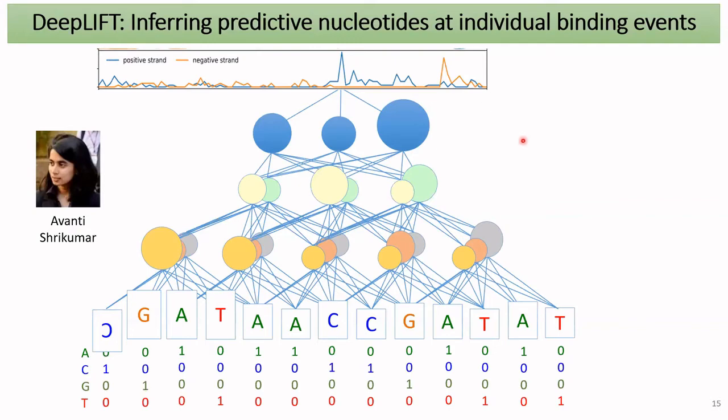And you'll see this in the next talk from Alex from my lab about the relative stability of these kinds of profile models versus classic binary models for interpretation. So yeah, DeepLIFT was published in 2017. I think it's still quite competitive as an attribution scoring method, and the code is available and you should feel free to use it.